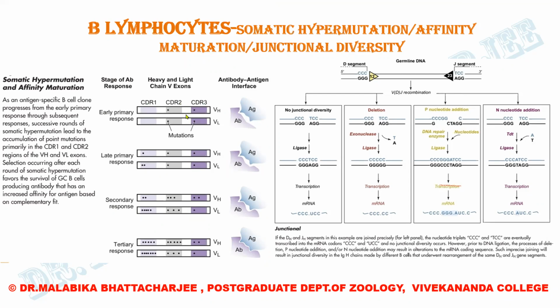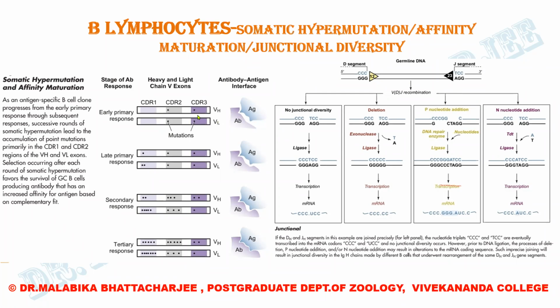What happens? There's a sudden mutation in CDR2 and CDR3. If this mutation is favoring a further, stronger attachment of the antigen with the antibody, the mutation stays. Further down the line, this is the early primary response.